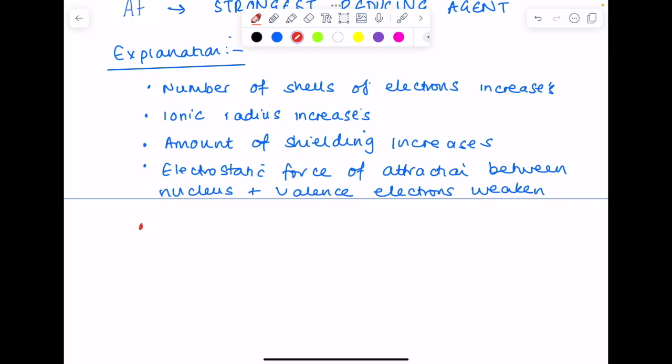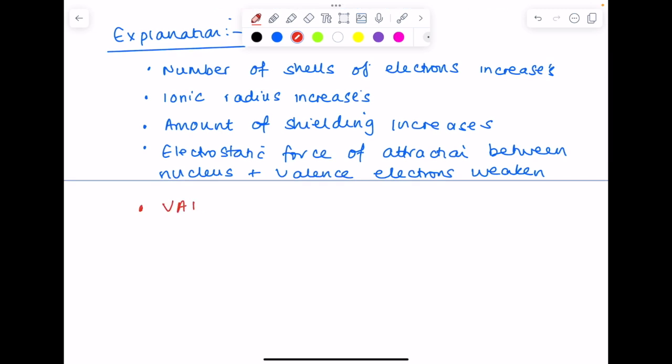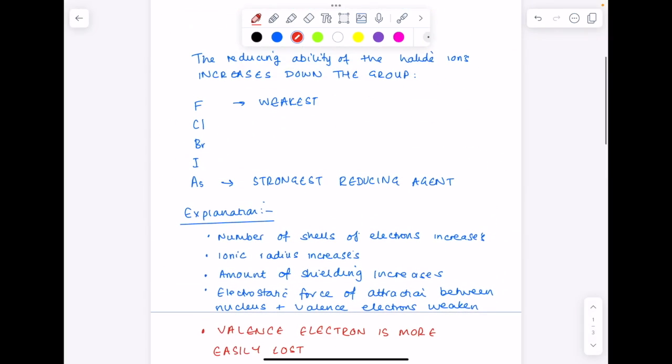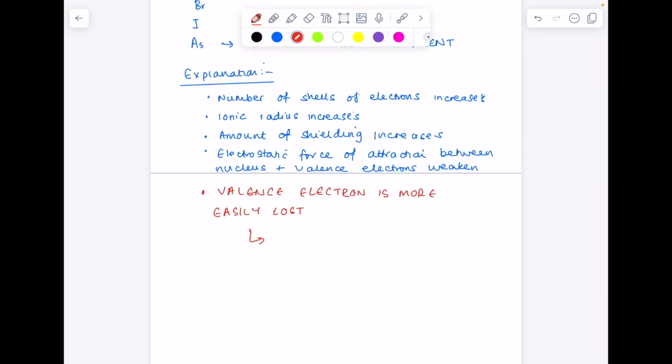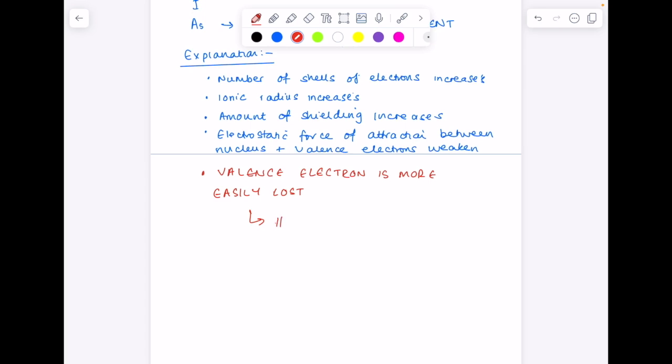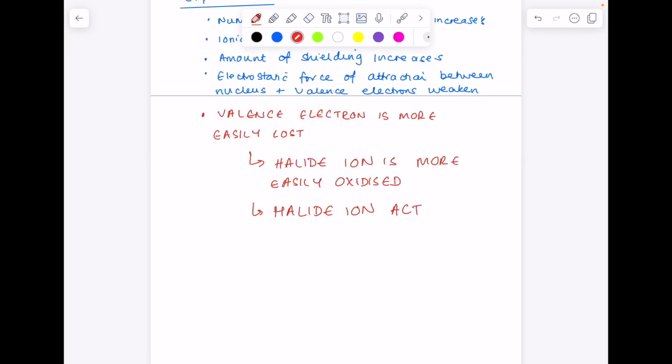And then the all-important point, which is that the valence electron is more easily lost, and that takes us back to our original definition of oxidation, which is all about losing electrons. So the halide ion is more easily oxidized. The halide ion acts as a stronger reducing agent.